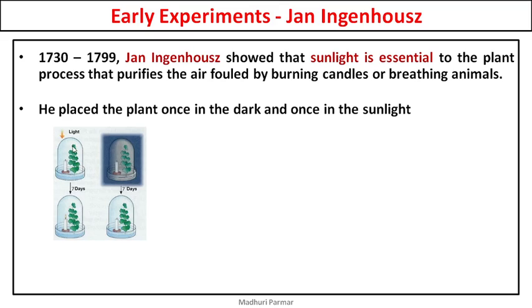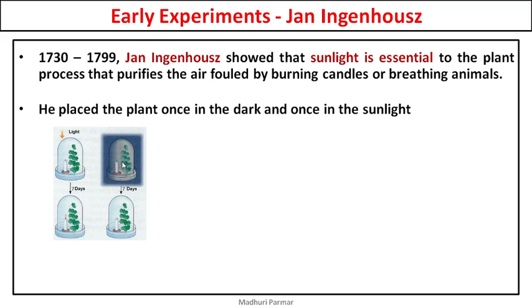He took a candle, he took a mint plant, he put a bell jar on it, and he kept it under light. He saw the candle stayed lit for 7 days. He took the same setup of candle, mint plant, and bell jar and kept it in the dark.